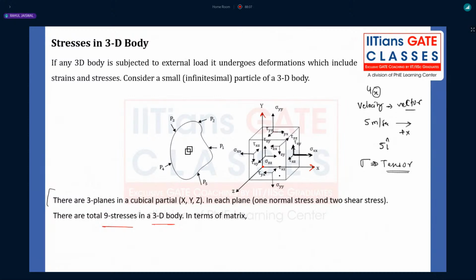Yes, correct. Tensor means a quantity which has the magnitude and multiple directions.